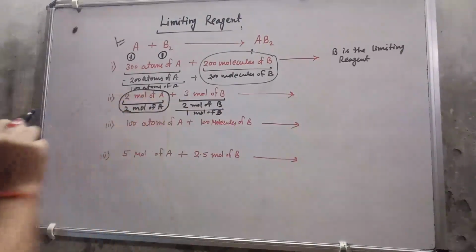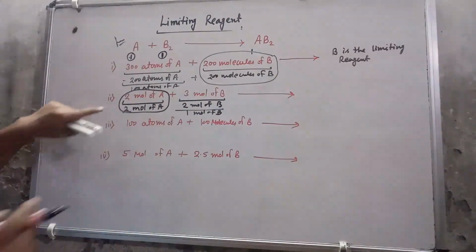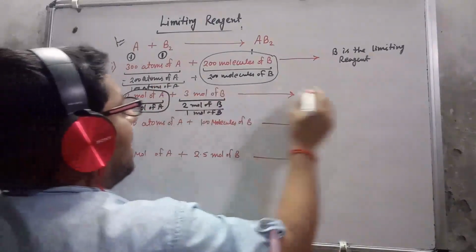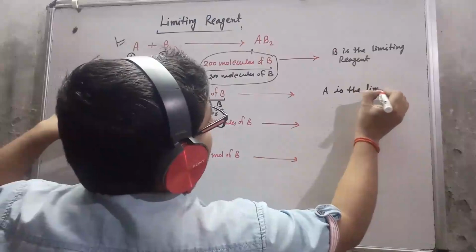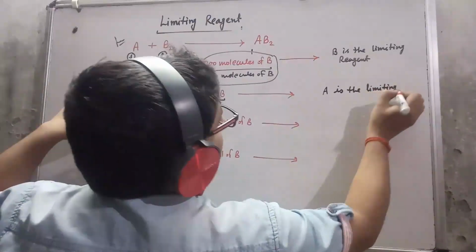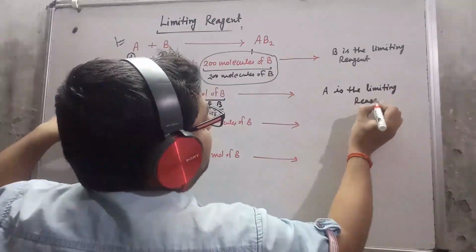So which is totally consumed, that is the limiting reagent. So which one is the limiting reagent? A is the limiting reagent.